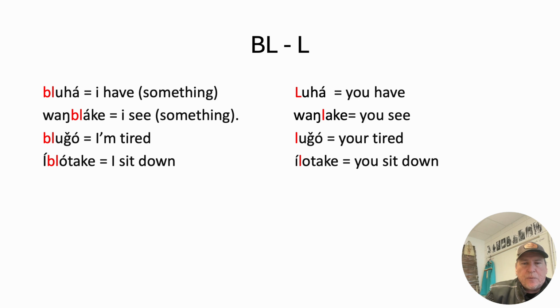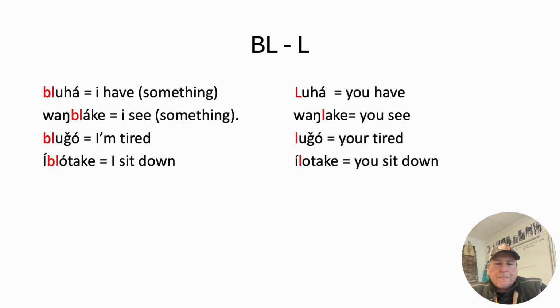Okay, that rule for when it's bl, to change it into I do the verb, it becomes l to make it you do the verb. So bluha, and remember this comes from yuha, to have something. So bluha, I have something. And we just drop the b. So it becomes luha, you have something.